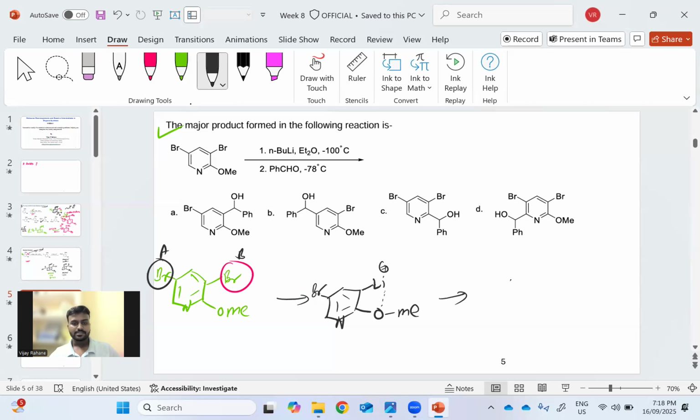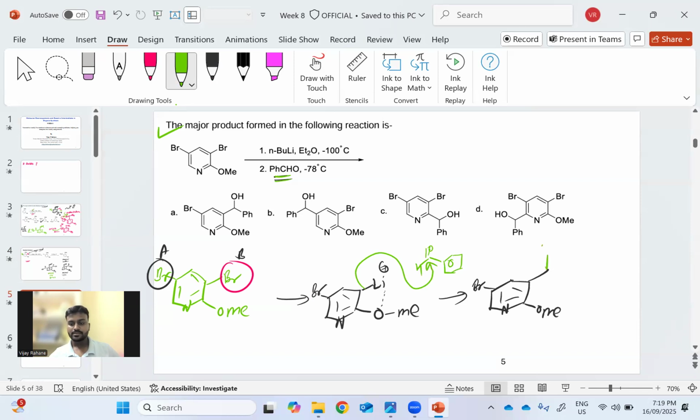then further the addition of this PhCHO, that's the source of electrophile. So this bromo will remain as it is, this nitrogen, this OMe, and here it attacks. If you elaborate the structure of this PhCHO, that will be the benzene ring with the double bond O H. So this negative charge attacks on this position.